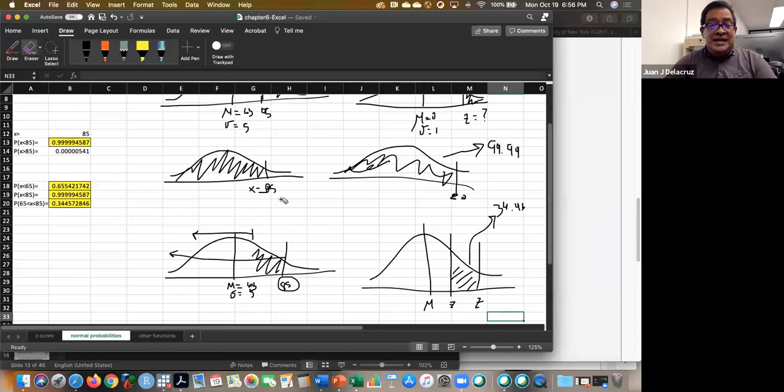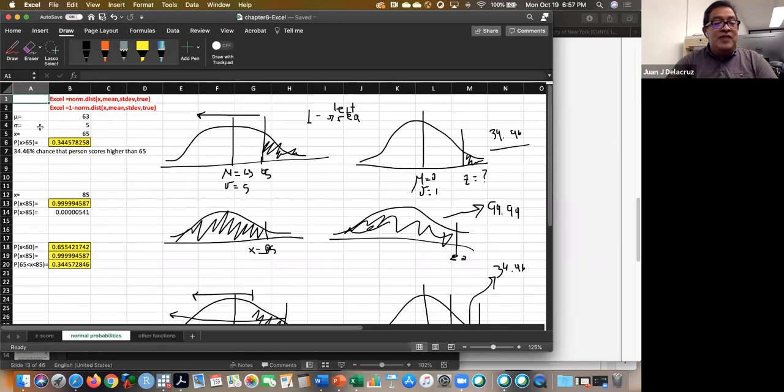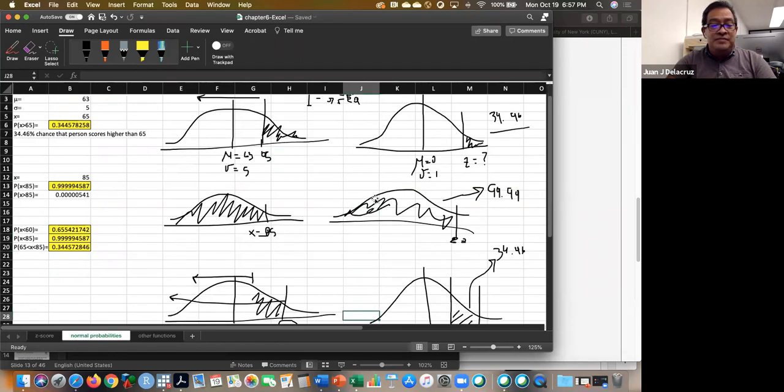So let's say that the value is between, so let's say this is 60, right? So I am interested in finding values between 60 and 85. The reason this was the same value is because we were looking at a value greater than 65, so we are looking to the right. That makes sense, well, it makes sense for me right now, but let's do 60 to avoid confusion.